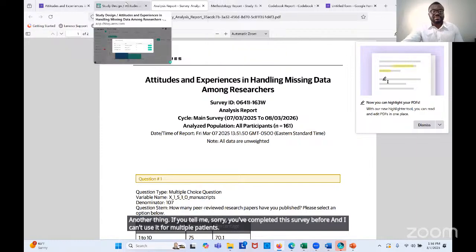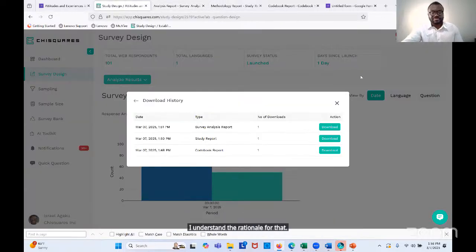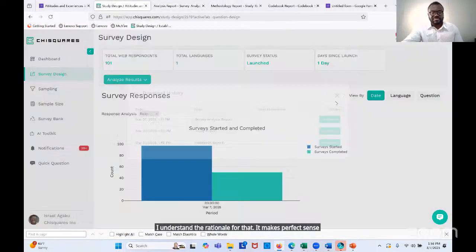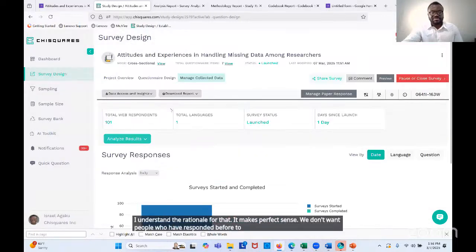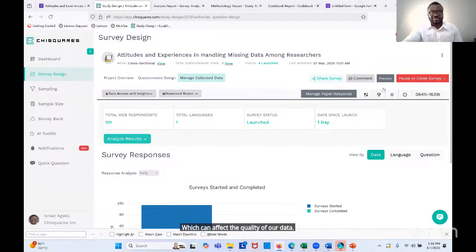I understand the rationale for that. It makes perfect sense. We don't want people who have responded before to give multiple responses, which can affect the quality of our data. But for my own situation, that feature is useful in the sense that I can use that same link to collect serially for patients.